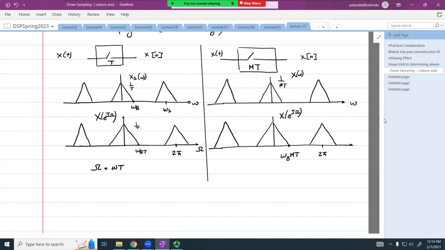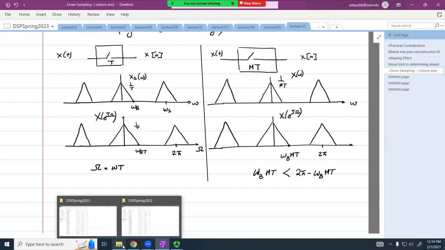So we want omega_B multiplied by MT to be less than 2 pi minus omega_B multiplied by MT.